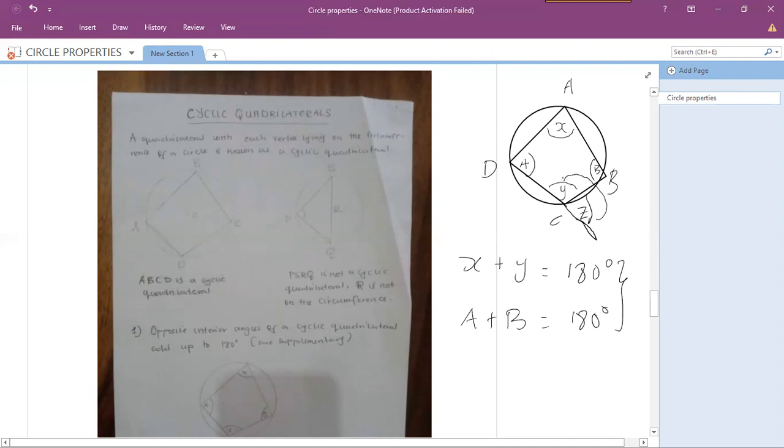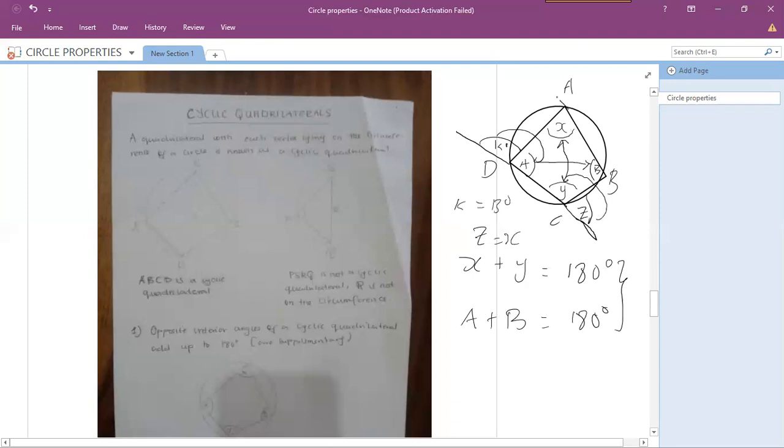You go inside and you point to the opposite interior angle, meaning Z is equal to X degrees. If it was here, let's say this is K degrees, you go inside and you point to the opposite, meaning K will be equal to B degrees.